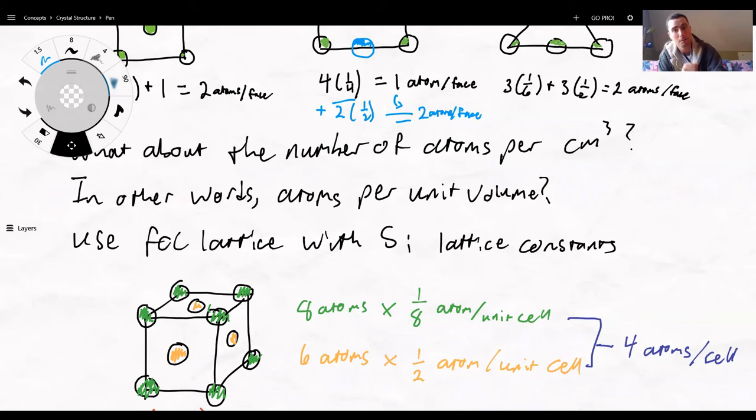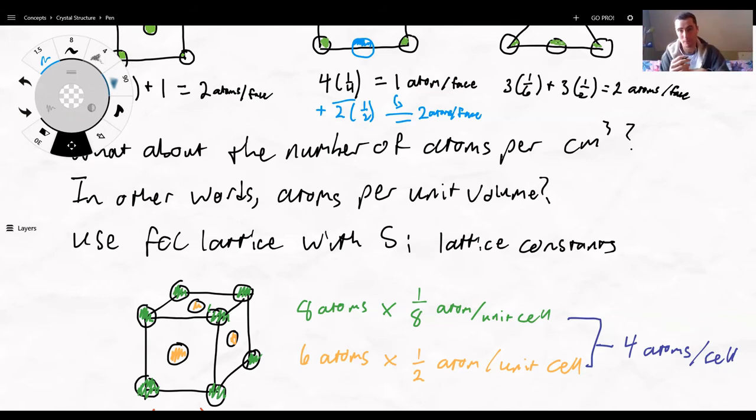Okay, so we calculated the number of atoms per face, which is kind of where you're exposed, right? But it can also be important to know how many atoms you have per cubic centimeter, right? So how many atoms do you have per unit cell volume? This will be really, really important when we start looking at things like carrier concentration. So like how many electrons are there per number of atoms?